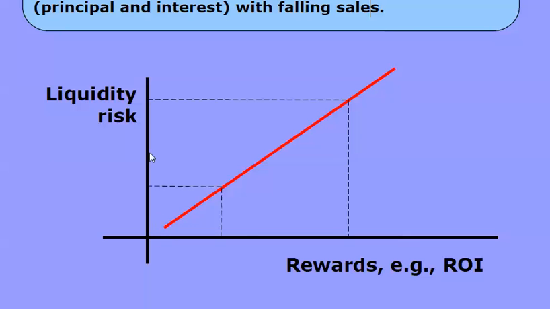As you increase the gearing, you increase the liquidity risk, but the benefit may be higher rewards in terms of return on investment, return on assets. So higher risk, higher rewards. Low risk, low rewards. The business has to balance up the benefits of higher rates of return with the possible problems associated with high levels of gearing, particularly if there's a downturn in sales activity, there's going to be a liquidity problem.